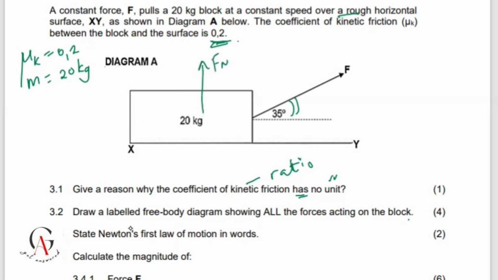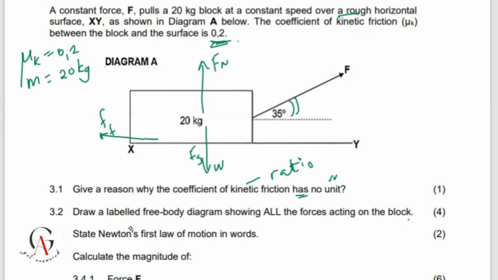For as long as it is resting on the surface, there has to be weight, or sometimes we call it Fg. Then since they told us the surface is rough, friction must be opposite to the direction of motion, so we're going to have our friction on that side. Technically, we have all the forces.